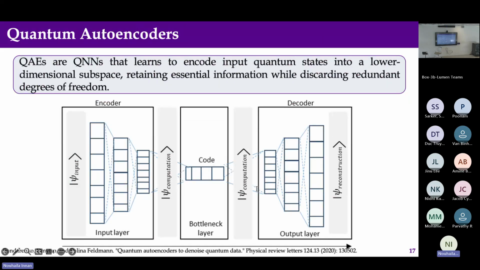Another very similar model is the autoencoder. Classical autoencoders are composed of an encoder that performs the compression, then a decoder that performs the decompression. Same in quantum. So quantum autoencoders reduce the dimensionality of the quantum states, with compression, and you can use that to encode the information into a smaller amount of qubits.